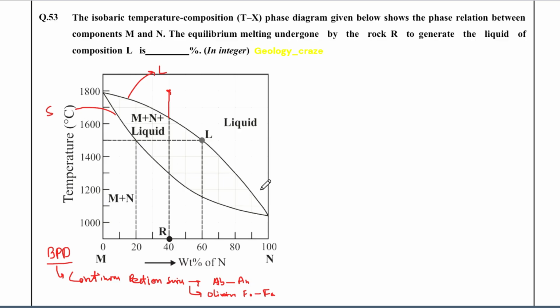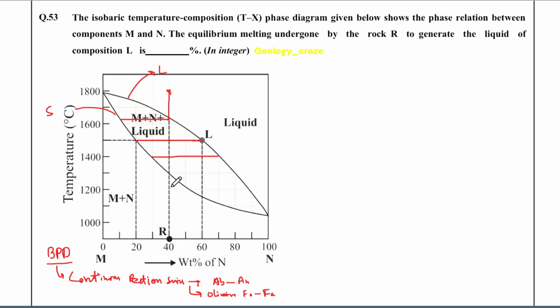After reaching this point, we have to draw some horizontal lines. The first horizontal line will come like this. Next, suppose I have reached here and I draw this horizontal line, and next, suppose I reach here and I draw another horizontal line.